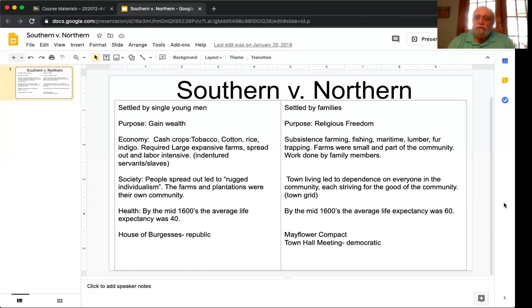Now, hopefully we understand that this kind of farming is very work intensive. You need to have lots of hands to plant and to harvest these kinds of products. And so the first thing they do is they try to get the Indians to do it for them.